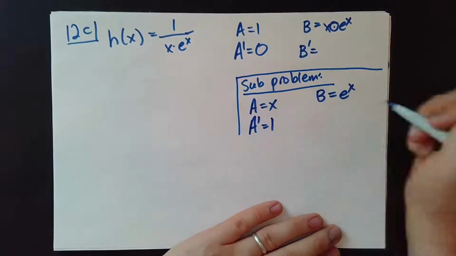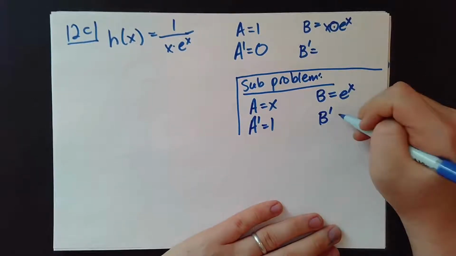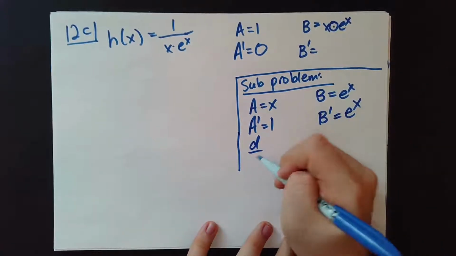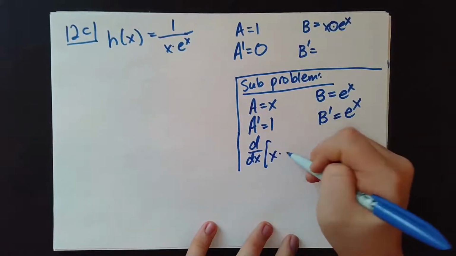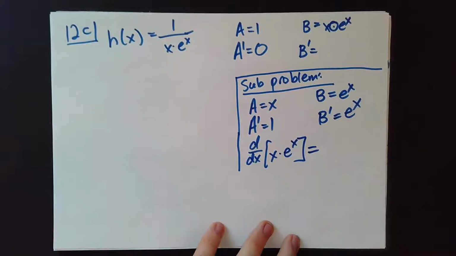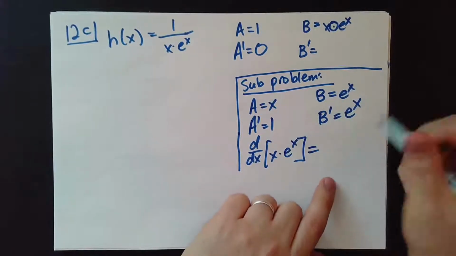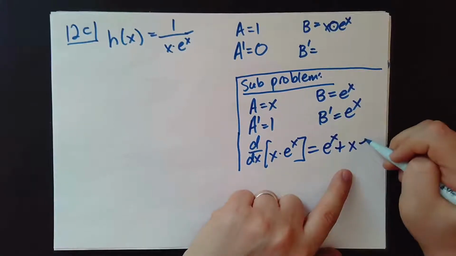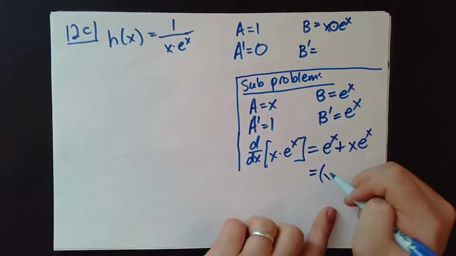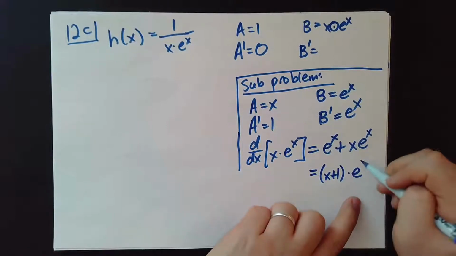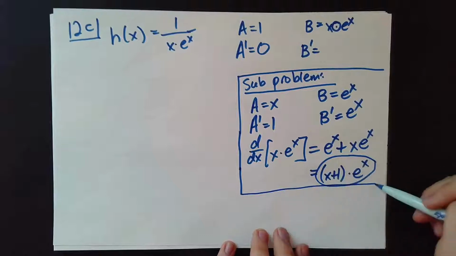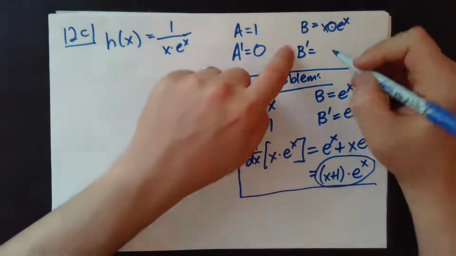So a prime is 1, b prime is e to the x, and so the derivative of x times e to the x is, okay, a prime b plus a b prime, which is x plus 1 times e to the x. And so that answer from the subproblem feeds back into your original problem.